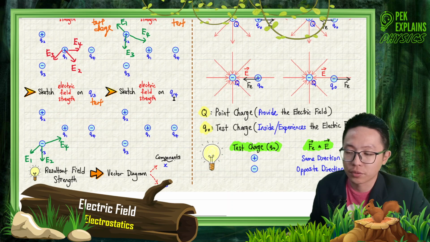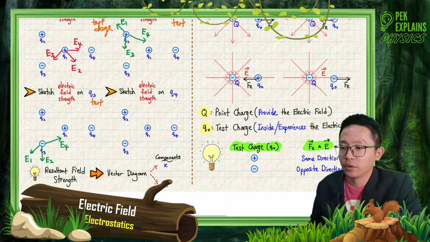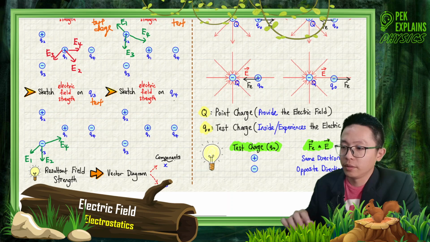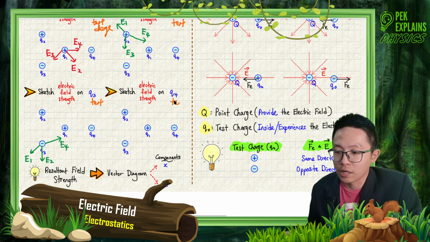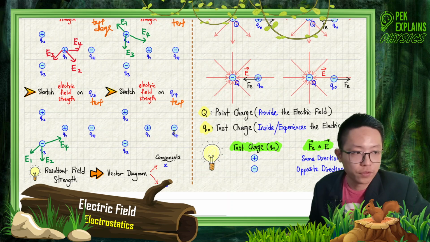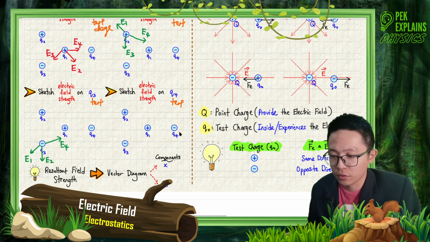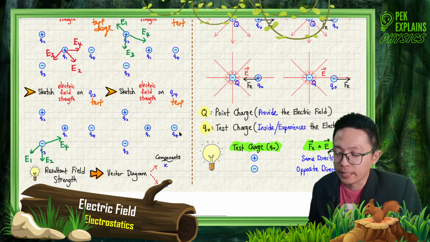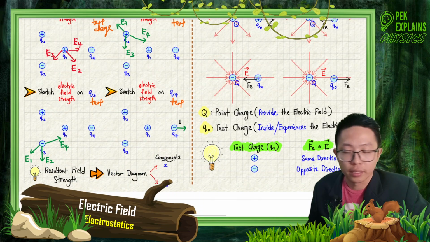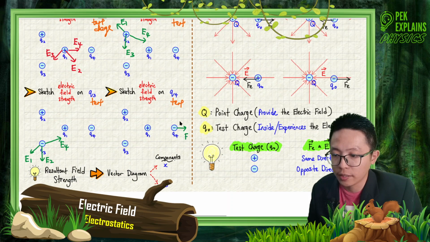Now, how about the electric field strength on Q4? Q4 is the test charge. So now let us draw the field strength on Q4. Q1 is positive, going away. So this is E1.